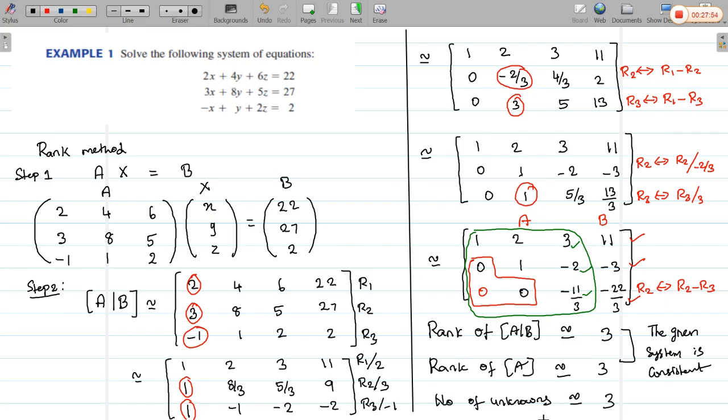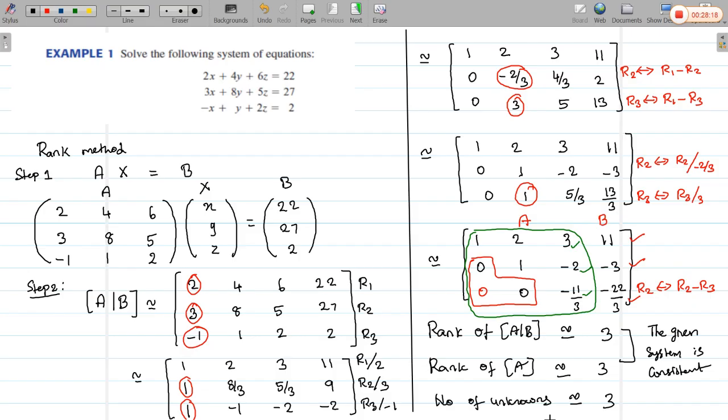If I say consistent, it means there is a solution. If I say inconsistent, no solution. Do you understand? So hereafter you need to use the mathematical terms. If I say consistent, that means the system has a solution. If I say inconsistent, the system does not have a solution, no solution.